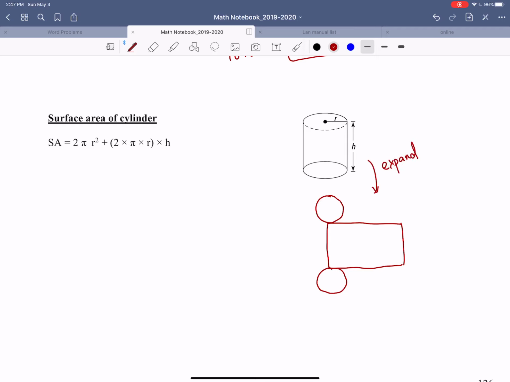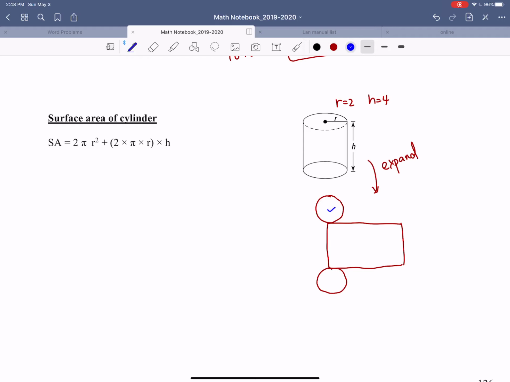Just remember that formula. It gives you r and h without giving you a number, so I'm going to give you one. Let's say r equals 2 and h equals 4.